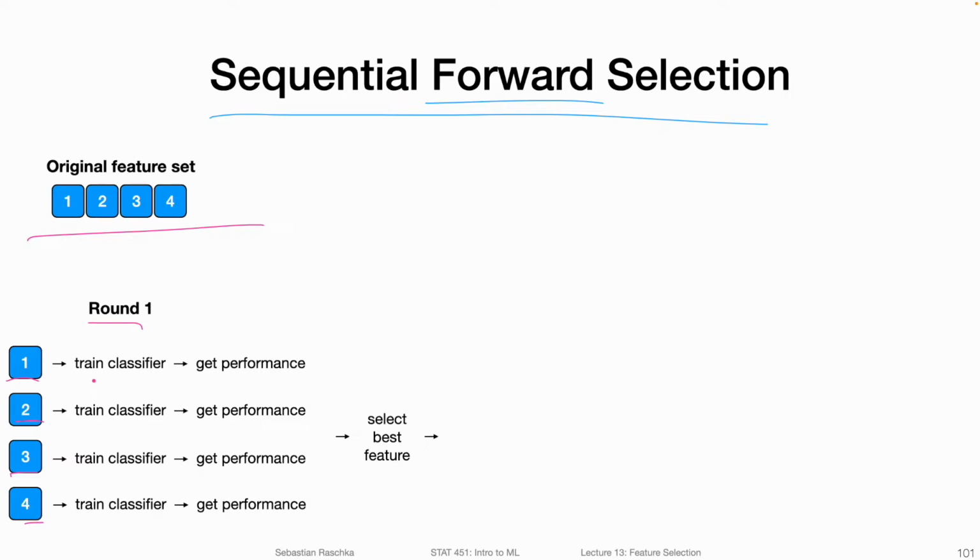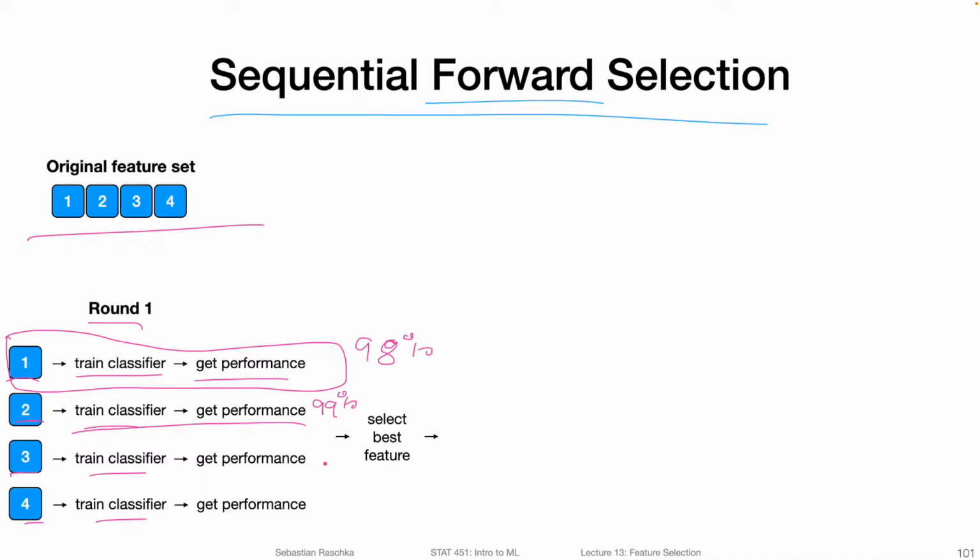And for each feature, we train the classifier only on that given feature. So let's say we train a classifier on feature 1. We then evaluate its performance. We do the same thing for feature 2 and so forth. So like before, we would get different performance values. Let's say 98% accuracy, 99% accuracy, 97, and maybe 93.